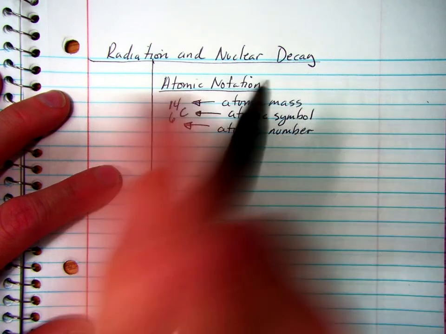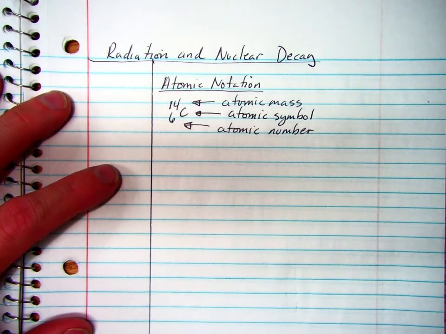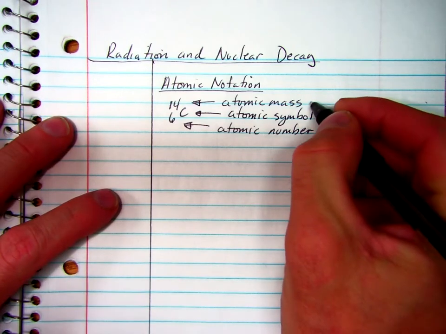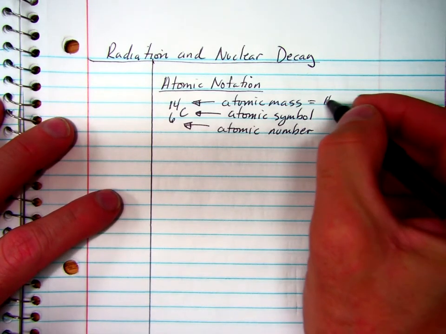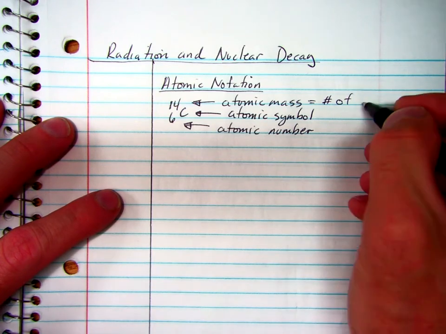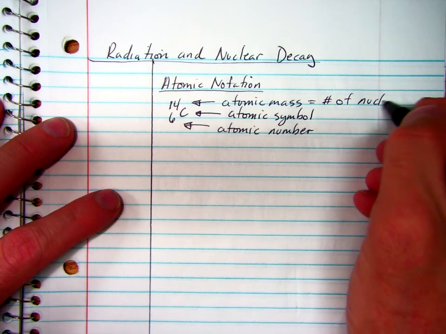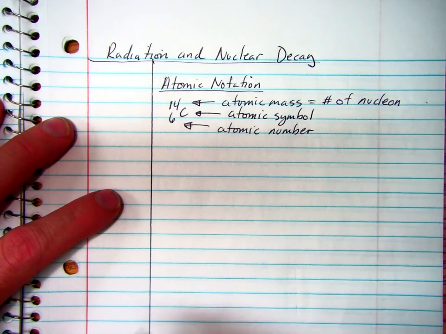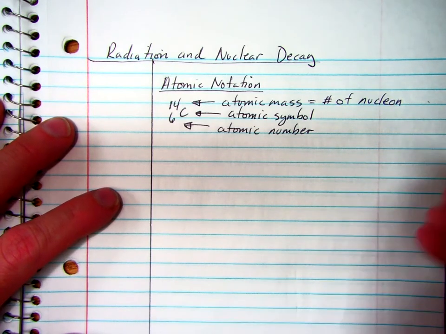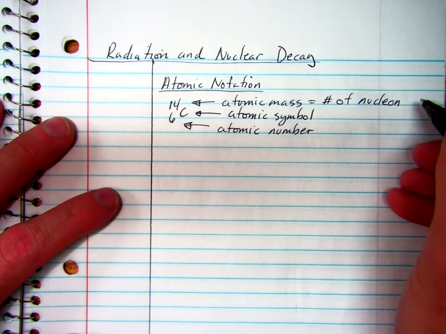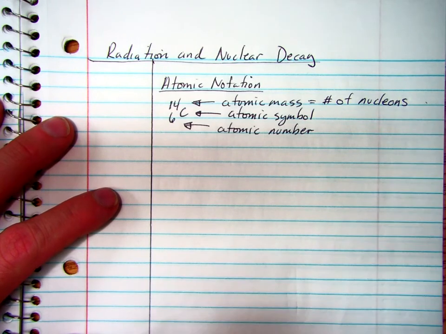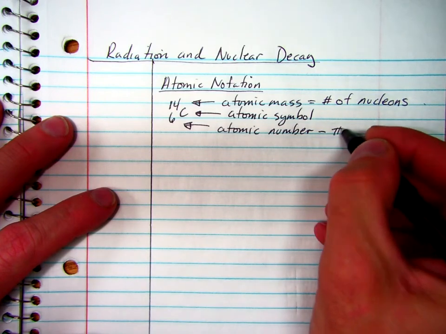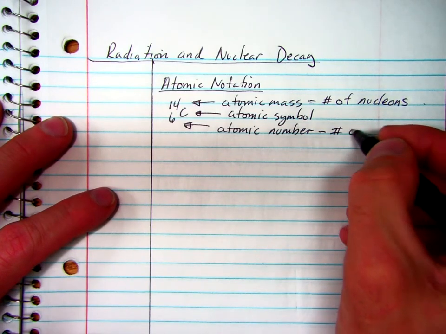The atomic mass is measured in units of AMU, which are atomic mass units. The atomic mass is the number of nucleons. A nucleon is a particle in the nucleus of an atom, and nucleons are either neutrons or protons. The atomic number is essentially the number of protons.